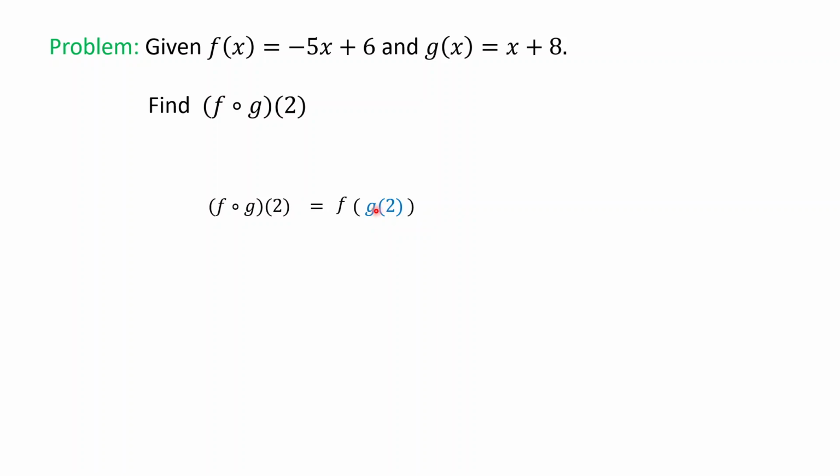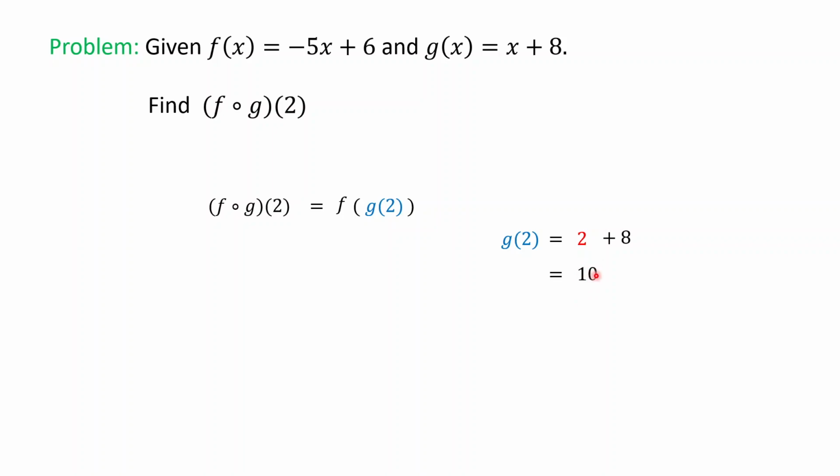Here, g of 2, there is a number here. What you need to do is you first find g of 2. You are given g of x, that is this. You need to find g of 2. Substitute this 2 for x. So you get g of 2 is equal to, this x is 2 plus 8. That is equal to 10.